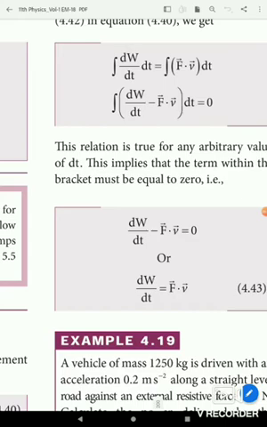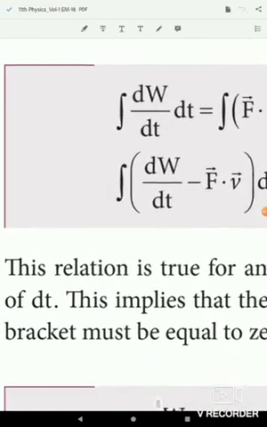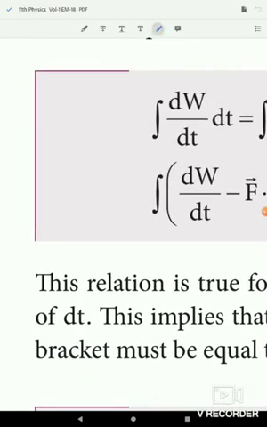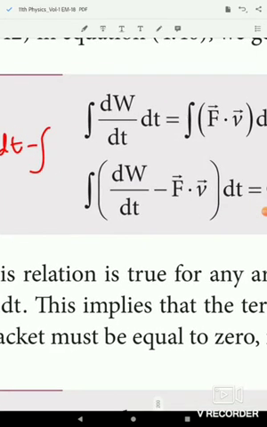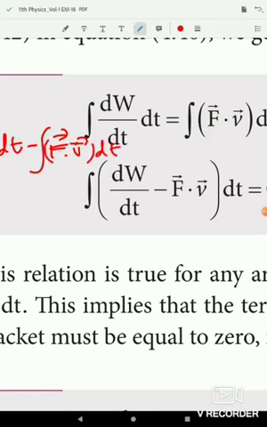So integral dW divided by dt into dt minus integral F vector dot v vector into dt, that is equal to 0.